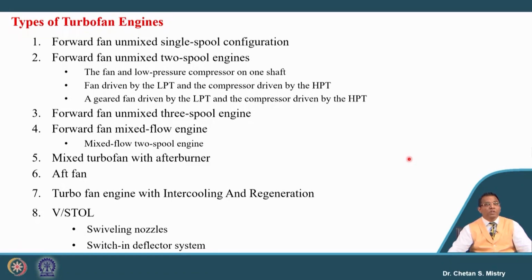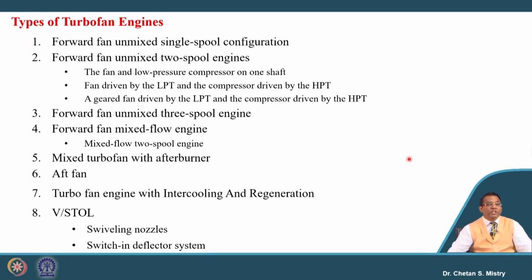We can put the types of turbofan engines as forward fan unmixed single spool configuration, and forward fan unmixed two spool configuration, where fan and low pressure compressor are on one shaft, and high pressure compressor and high pressure turbine are on one shaft. Fan will be driven by LP turbine and compressor will be driven by HP turbine. Geared fan will be driven by LP turbine and compressor will be driven by HP turbine.